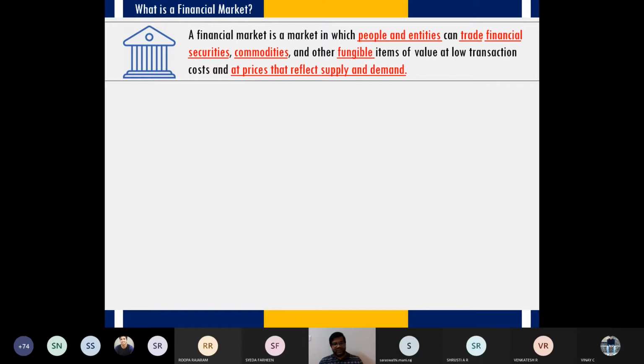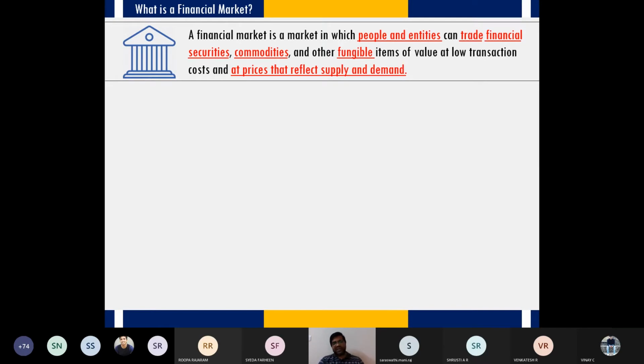Here the commodities are traded in the form of standardized contracts, also known as derivatives, right? So you can't go to a commodity exchange and say, please give me 1 kilo of rice. It's not that kind of trading we do in a store. Here the trading happens in the form of standardized contracts.